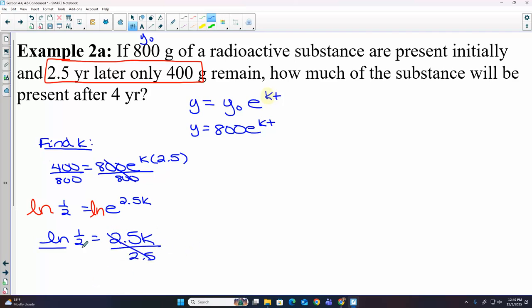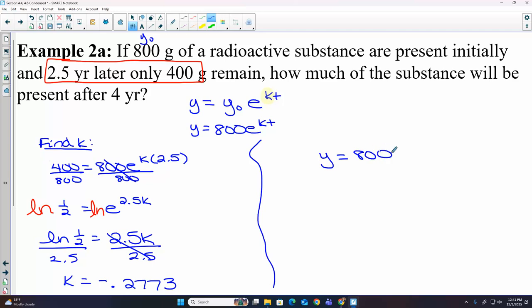So if we divide by 2.5, we get 0.2773. K is a constant. It doesn't change.